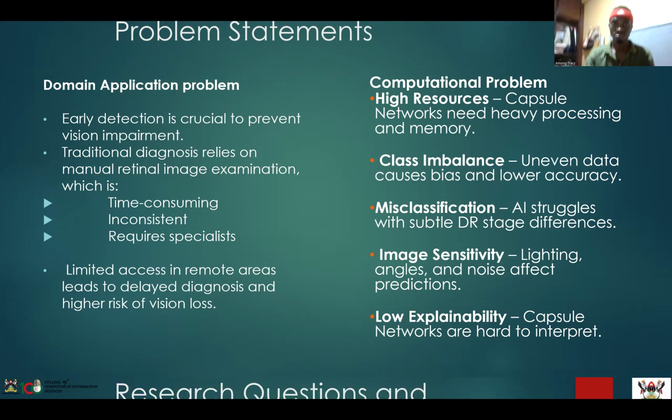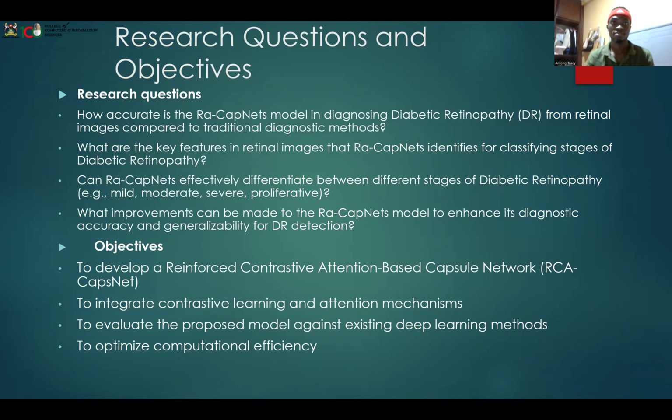So the next slide, the research objectives. We have some research questions here, as you can see, like how accurate is our model. These were the questions we took into account while we were building our model. The key features in the retinal images of the RA CapsNet.